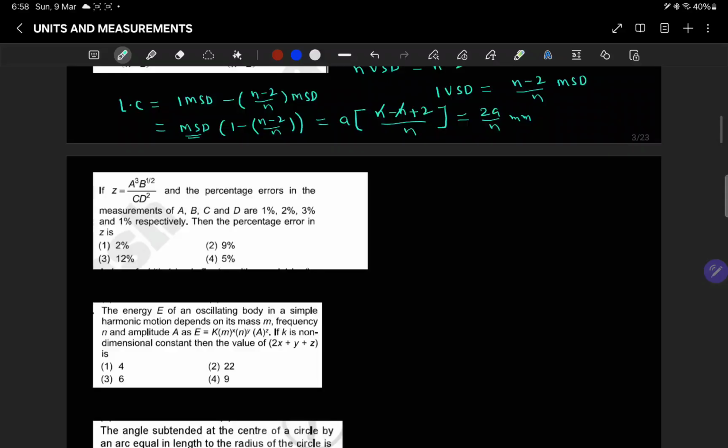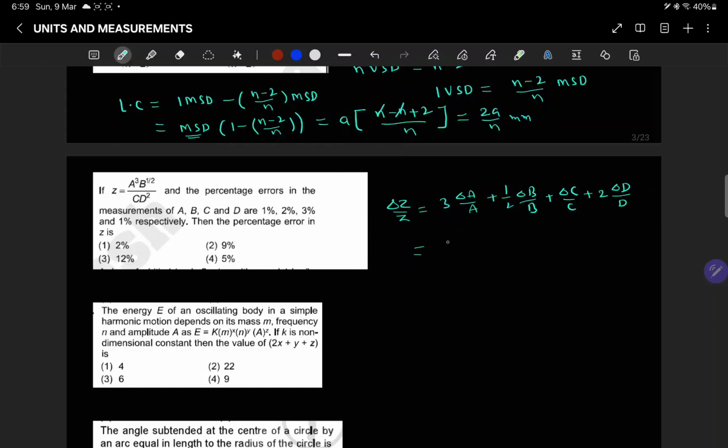Next, same model questions we discussed, students. Delta z by z equals 3 into delta a by a plus 1 by 2 into delta b by b plus delta c by c plus 2 into delta d by d.